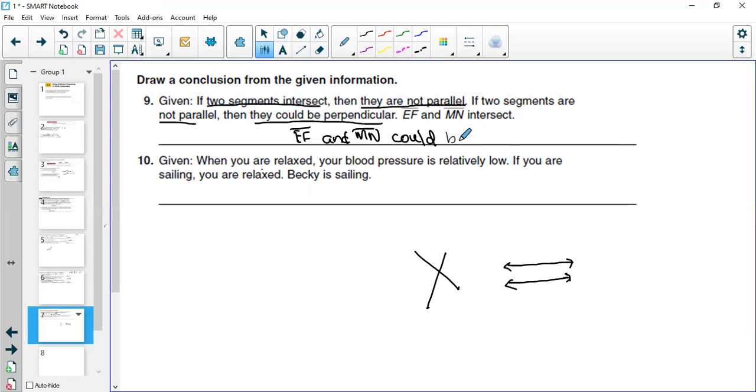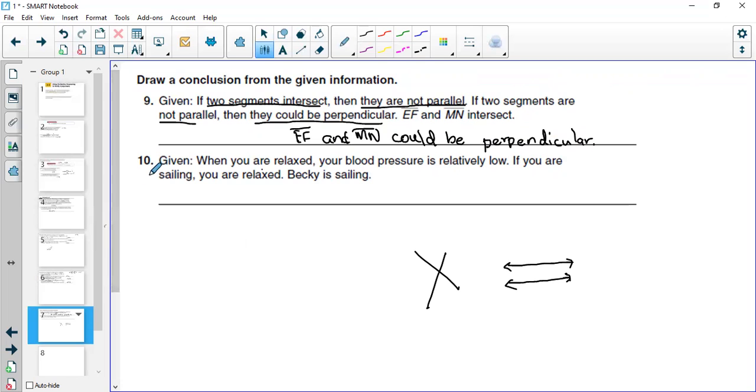If you keep reading the question three or four times, you will by yourself get to the conclusion. That's how your brain trains. If you keep repeating, you will understand. Like asking, so what if EF and MN intersect? They could be perpendicular.